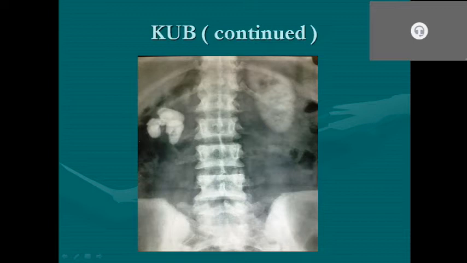Then abnormal skeletal shadows, if any. Then third is normal soft tissue shadows, and then abnormal soft tissue shadows. Here you can see the normal soft tissue shadows are both kidneys, normally present.